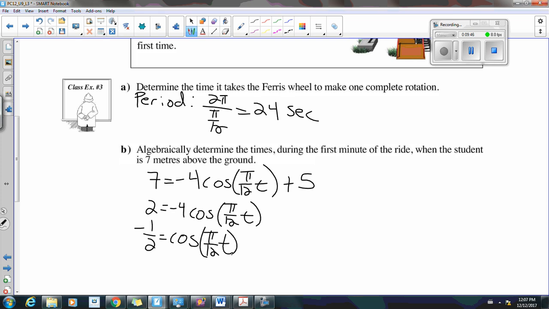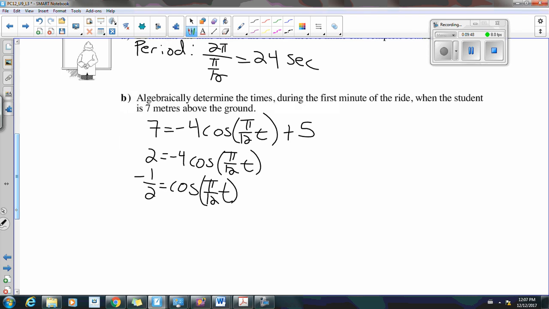Now I'm going to solve this really pretending that I don't have this pi over 12t in there. I'm just going to pretend maybe that's an x, and I'm going to find the reference angles. Well, cosine is negative here and here, so that's quadrants 2 and 3. If you go inverse cosine of 1/2 in degrees, you're going to get 30 degrees, which is pi over 3.